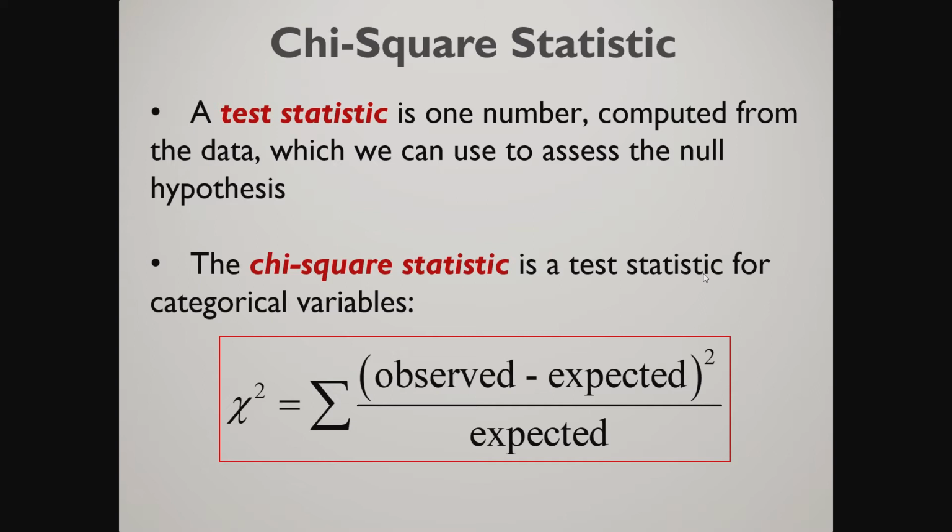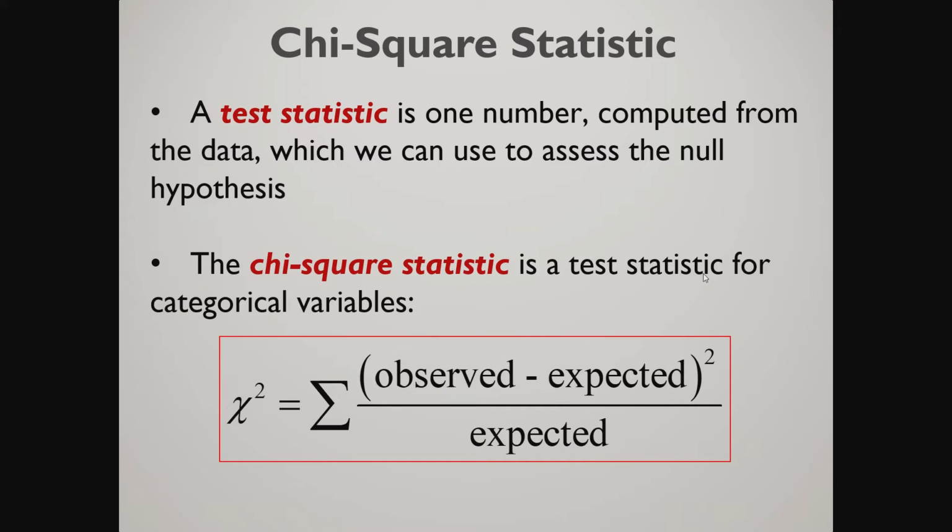It's a really simple formula. We take the observed values, subtract the expected values, square that, and divide by the expected values for that category. Then we sum them all up for each category.